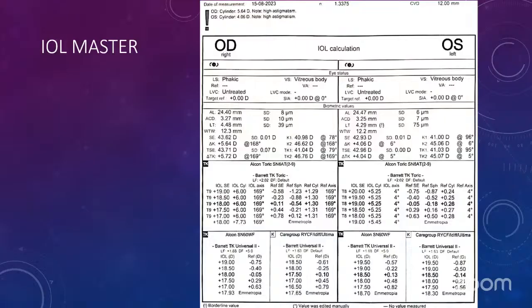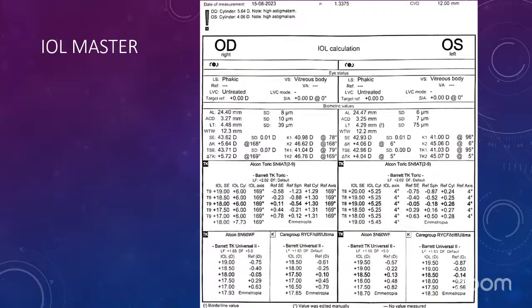Suppose you have to correct four diopters of astigmatism. What do you think will be the IOL toric power? The factor is around 1.4 to 1.5.